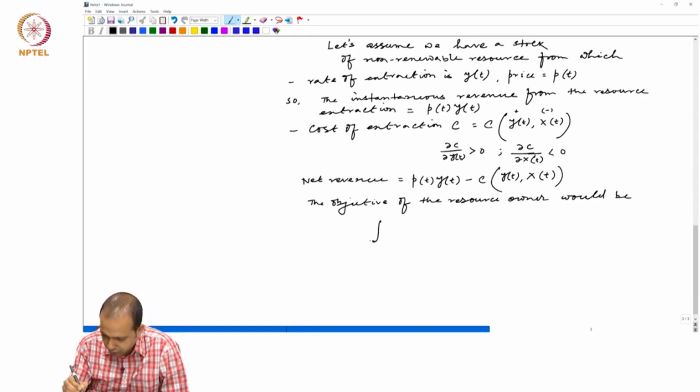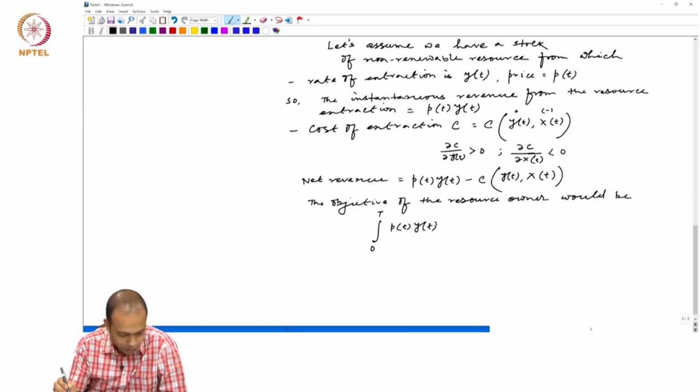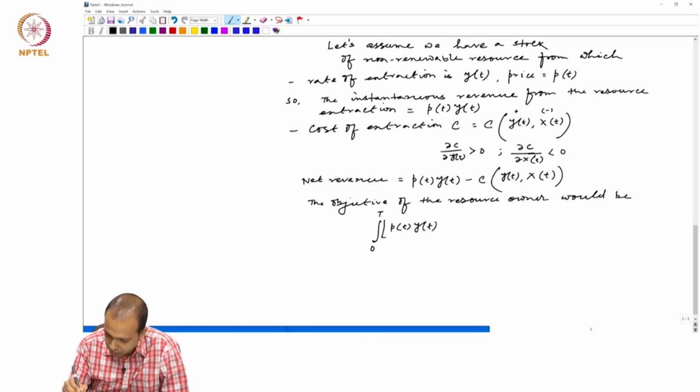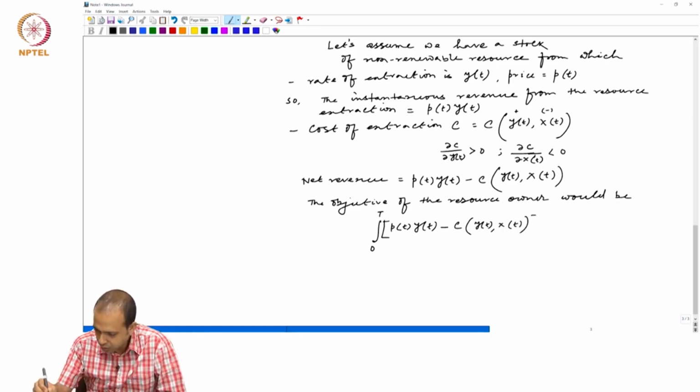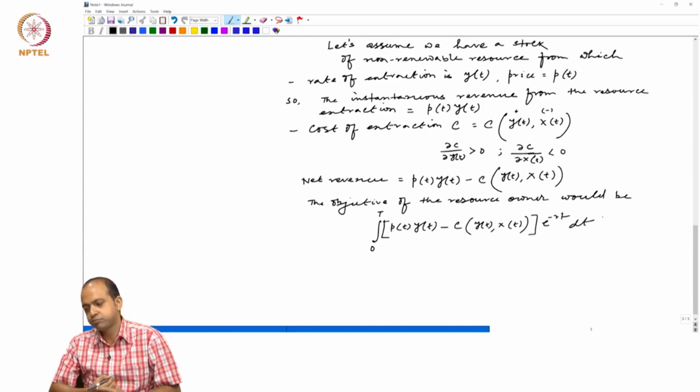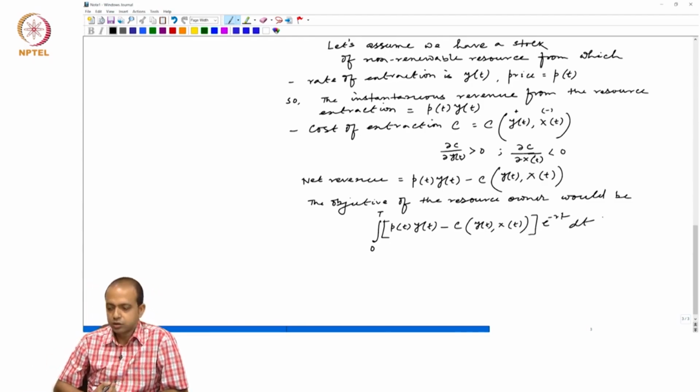to maximize this entire benefit from 0 to T, PT into YT minus the cost function C, into e to the power minus RT dt. Okay.